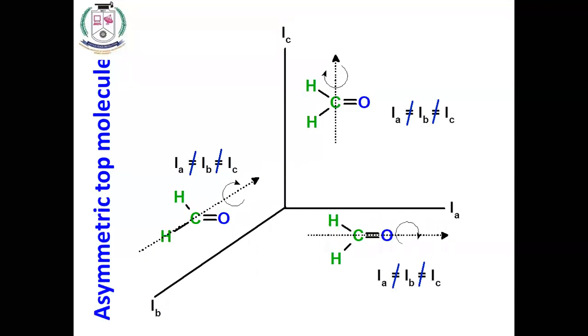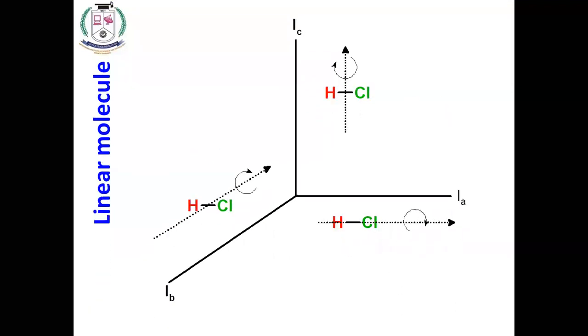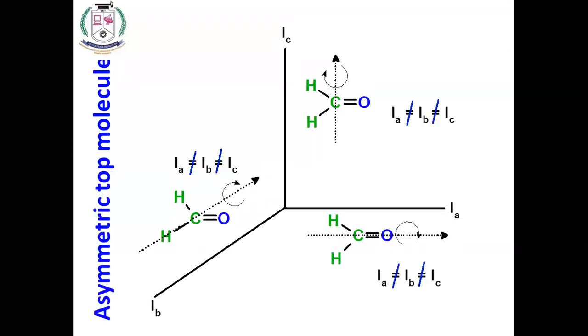Similarly, the formaldehyde molecule. Up to now we have discussed linear molecules. Now we go for asymmetric top molecules. Let us take the formaldehyde molecule and see all Ia, Ib and Ic.